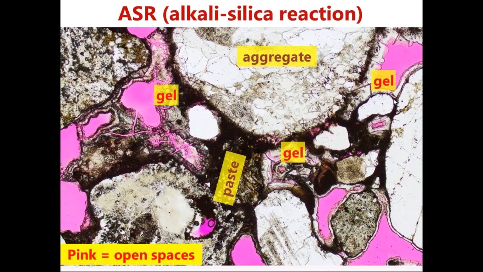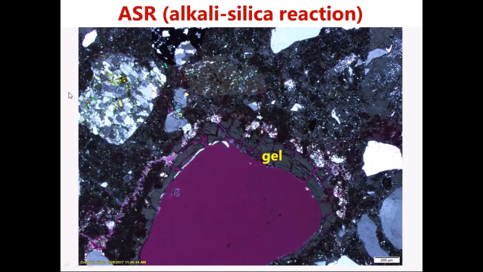It almost has layers to it. It's cracked. So that's the ASR gel that's causing this sample to crack. Here's another picture. Now we're looking at this sample under crossed polarized light, so a little bit different view. Again, aggregates, aggregate, aggregate, aggregate. All of the fine-grained material, that's the paste.